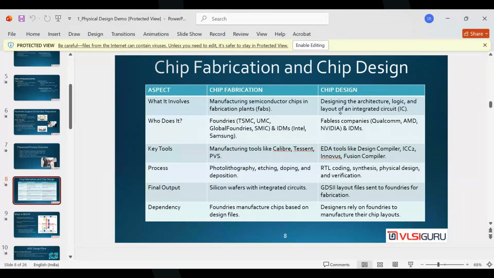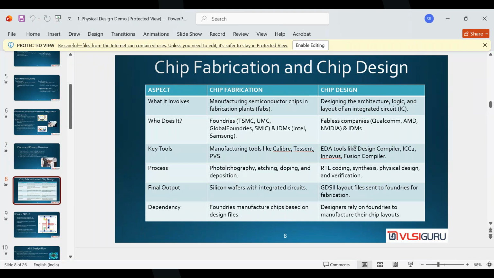Those companies are called fabless companies, the companies which do not have their own fabrication, like Qualcomm, AMD, Nvidia, right? What are the fabrication-based companies? TSMC, Taiwan Semiconductor, UMC, right? Intel, Samsung, these all have their own foundry, right?